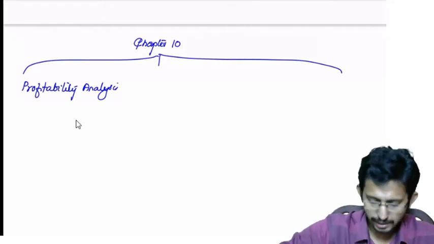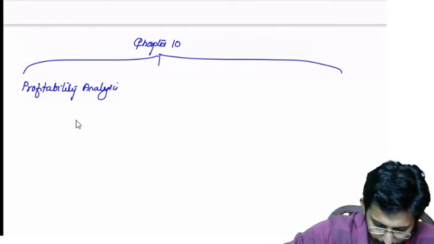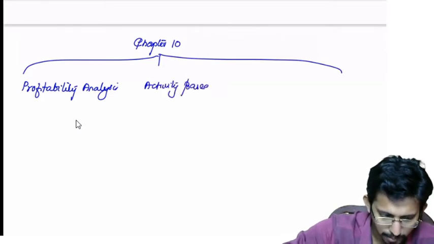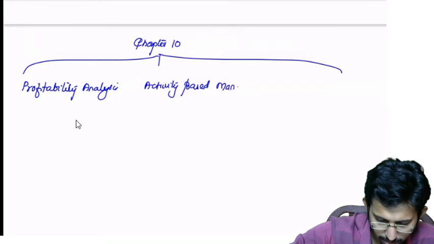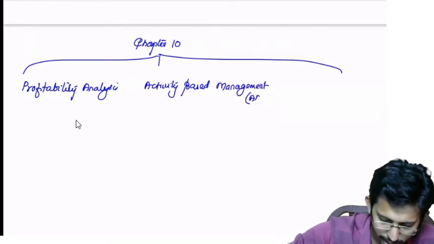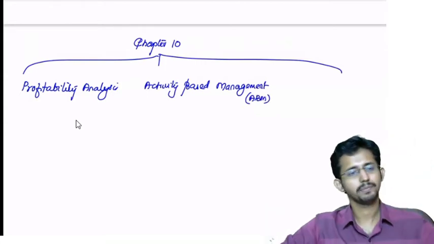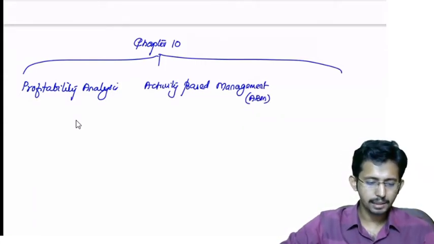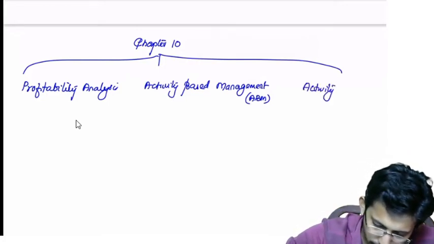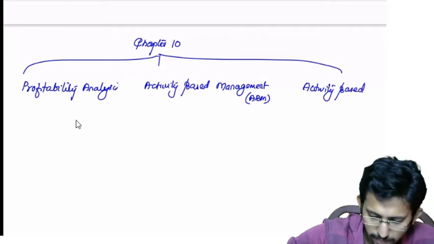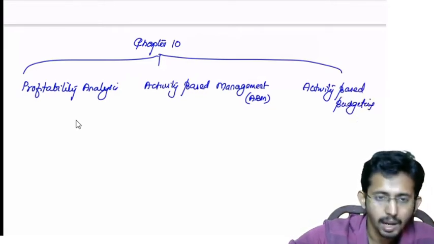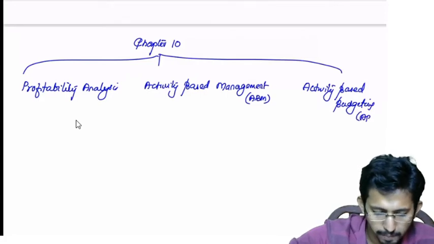Okay, the second part is all about activity based management, or shortly known as ABM. Okay, and the third part is activity based budgeting, or ABB.